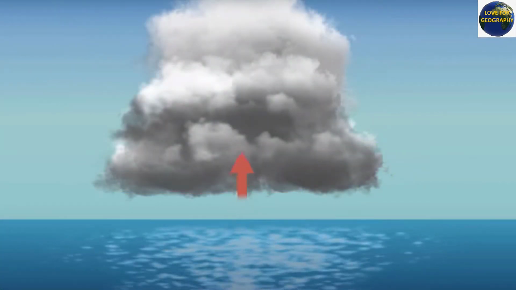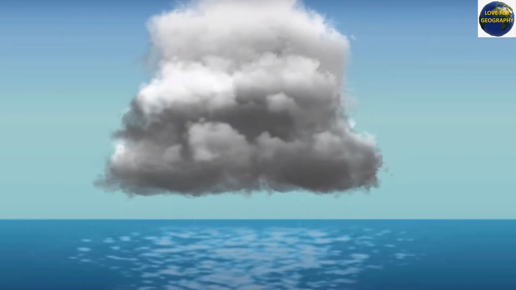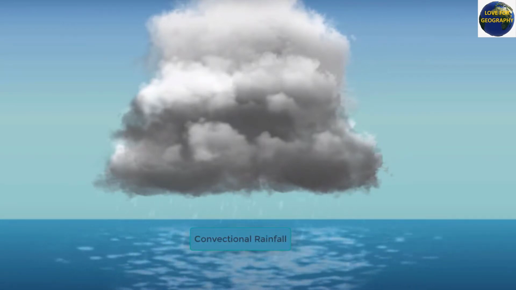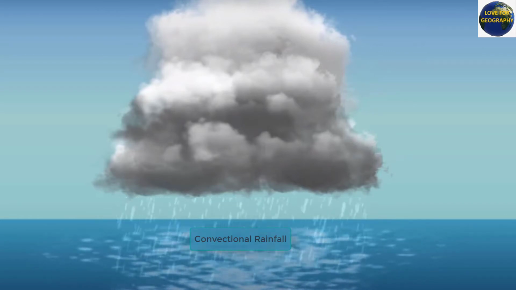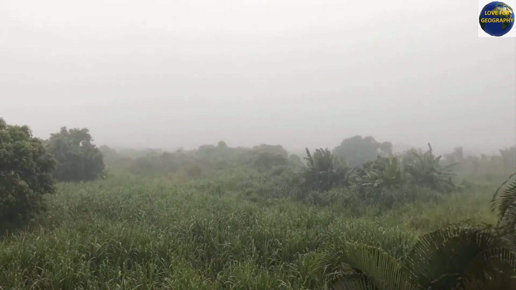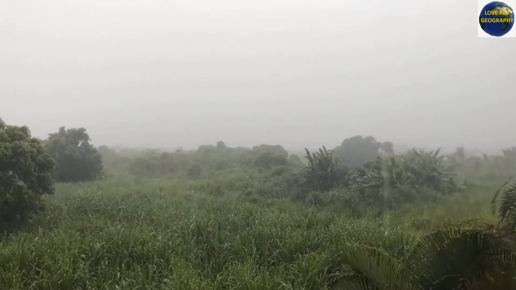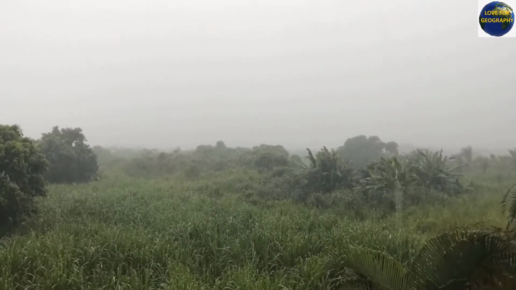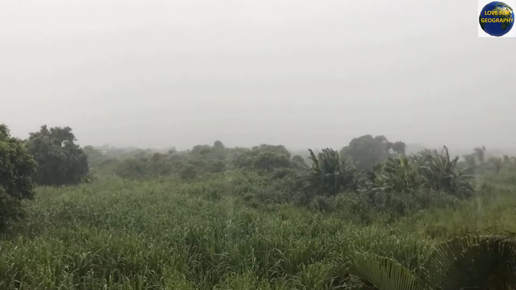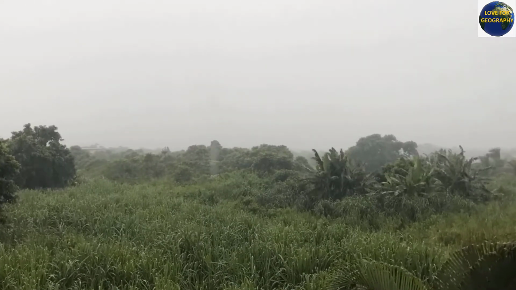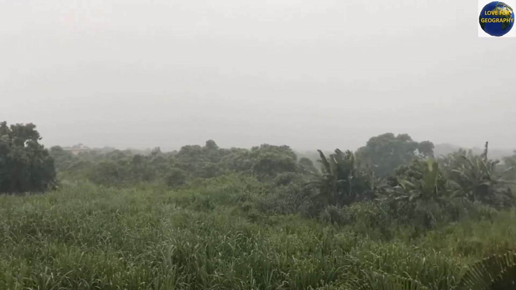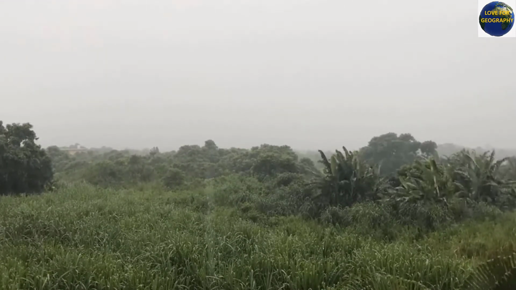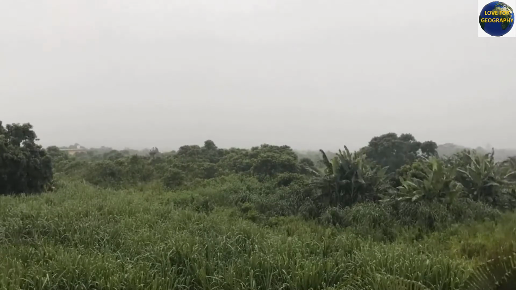And when cloud releases moisture as rain, generally in the afternoon, that is called convectional rainfall or 4 o'clock rainfall. Overall, we need to understand that tropical regions have a higher evaporation rate, and a high evaporation rate means a high amount of rainfall, and when the evaporation rate is less, that means very little rain.